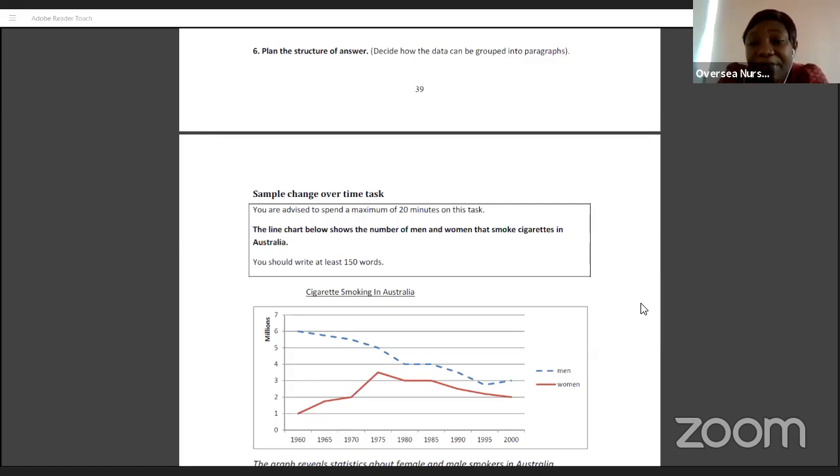What do we use for number? Countables. What other words can we use for number? Figure or quantity. Start saying them. Figure. Quantity. Can you use quantity in this statement?